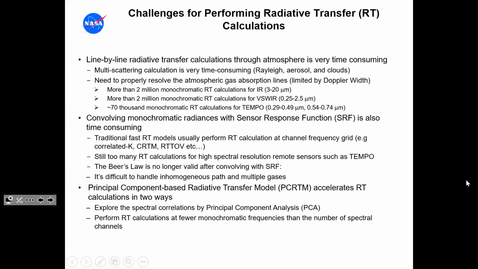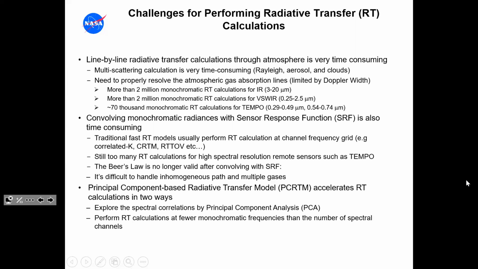First of all, to properly account for atmospheric trace gas absorptions in the solar and thermal infrared spectral region, pretty much in the relatively broad region, you need millions of radiative transfer calculations in order to resolve the Doppler half-width of the line, which is mostly due to the upper atmosphere, where the atmosphere is thin, so thermal motion dominates the spectral line broadening.